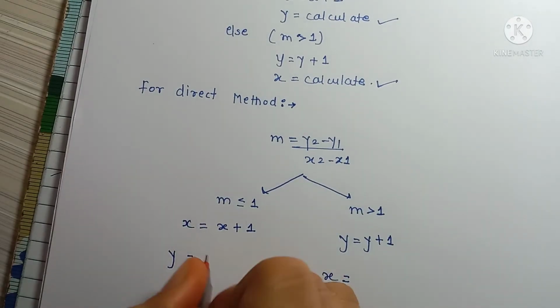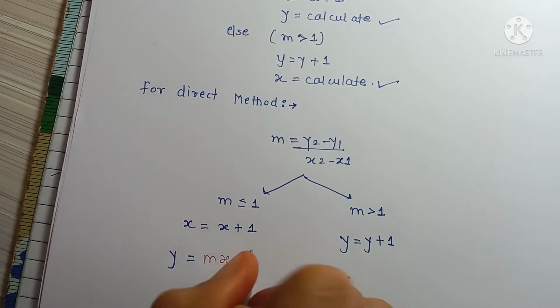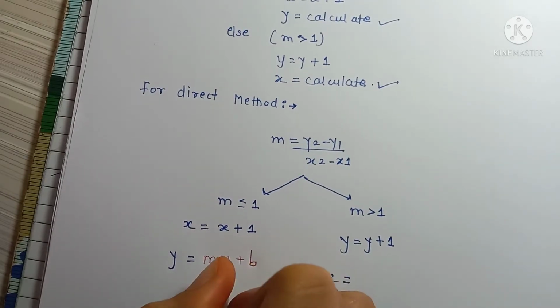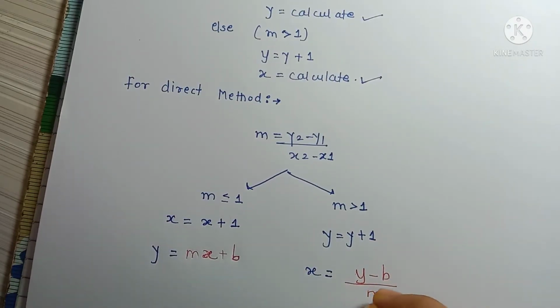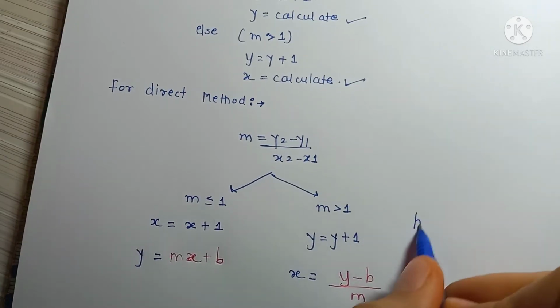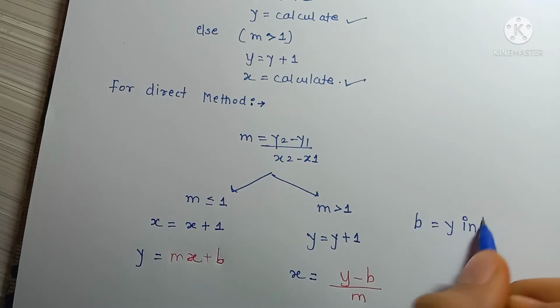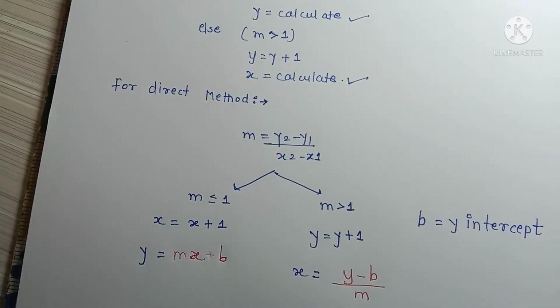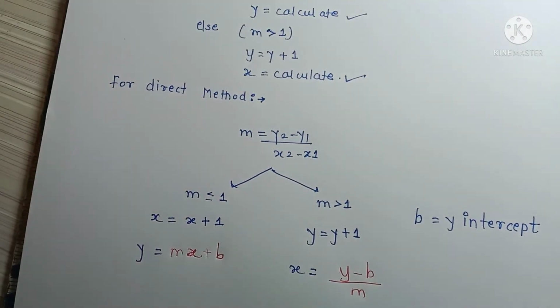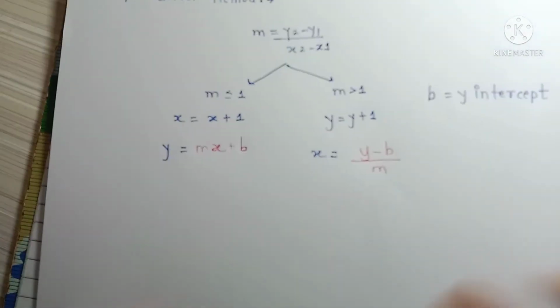Now what is y? y is mx plus b and x is y minus b upon m. Now what is b? b is nothing but the y-intercept. Wait, I'll show you what the y-intercept is.